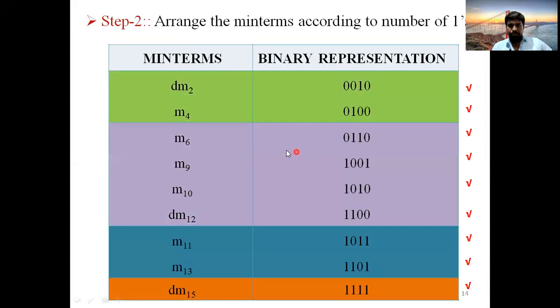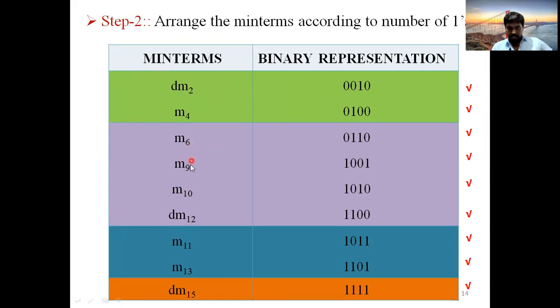Next step: according to the number of ones present in the binary form, segregate them into groups. M2 and M4 are the minterms consisting of a single one in their binary format, so these two come under one group. That's why I kept one color for these two.